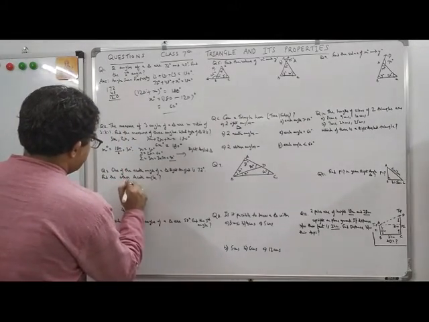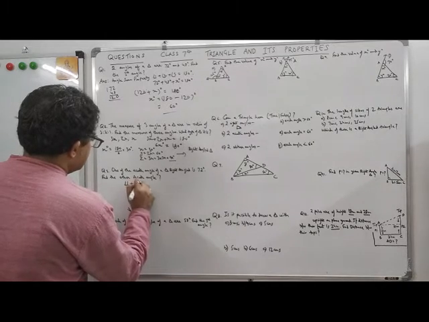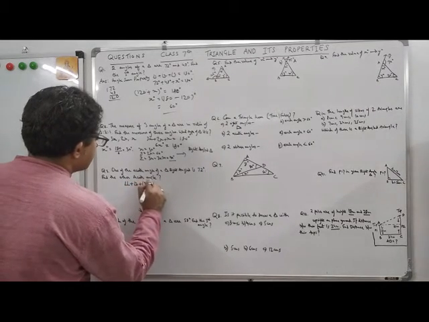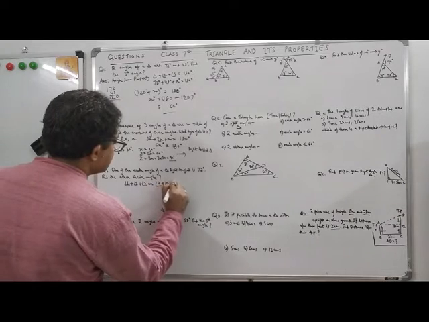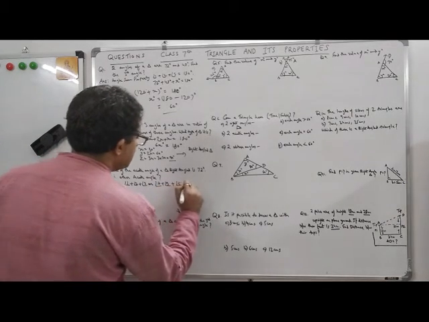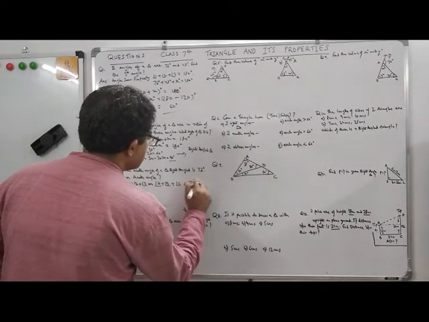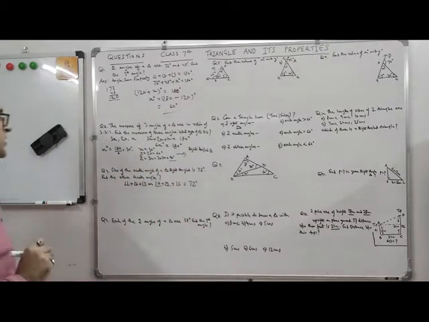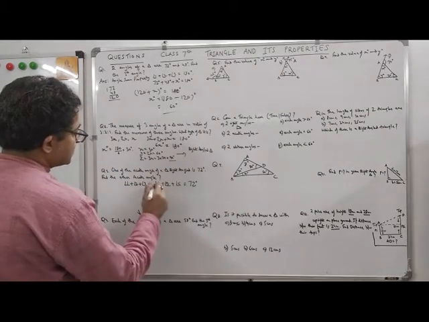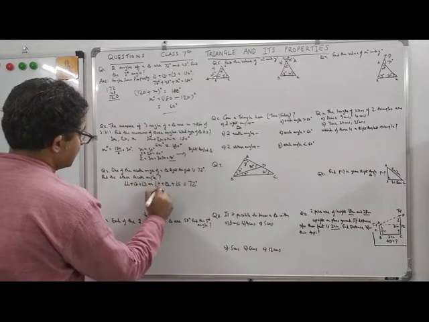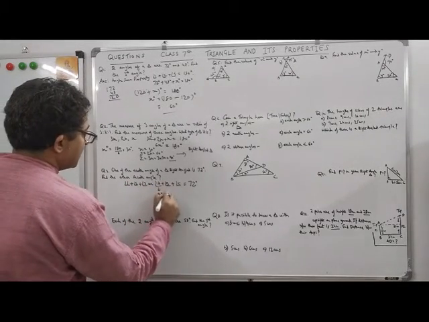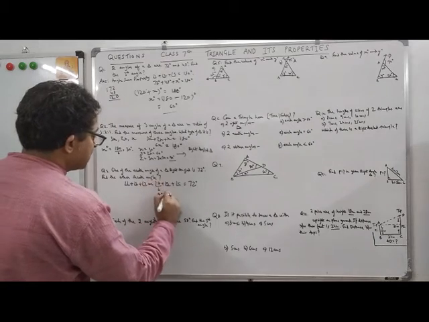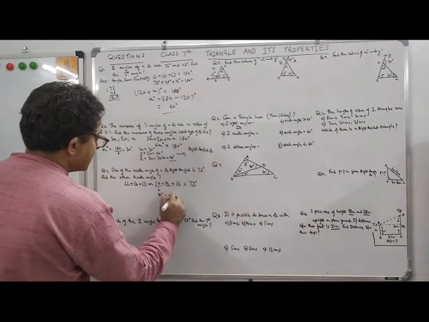Let's again assume angle 1 plus angle 2 plus angle 3, or you can put angle A plus angle B plus angle C. Let's assume A to be 90 degrees, because it is already given, and one of the acute angles is given as 72 degrees.